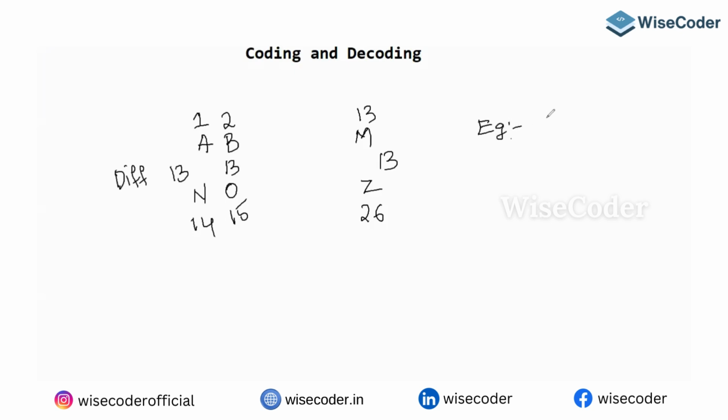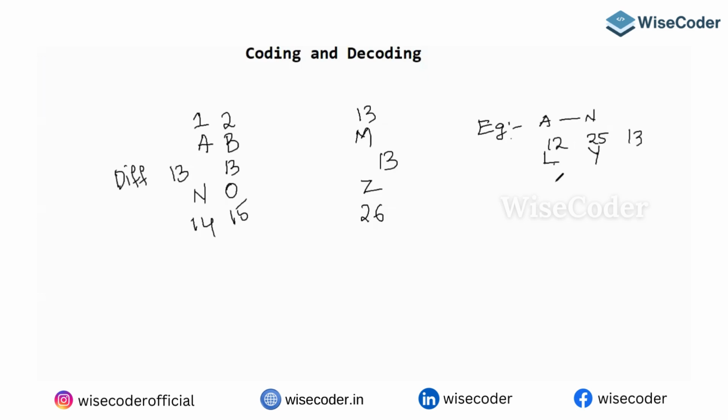Example: A, N are corresponding. L, Y are corresponding, because L is the 12th letter, Y is the 25th letter, and the difference is 13. Are you getting my point?